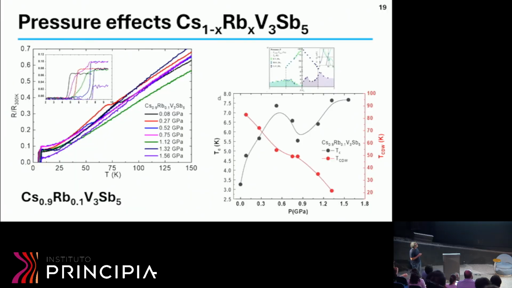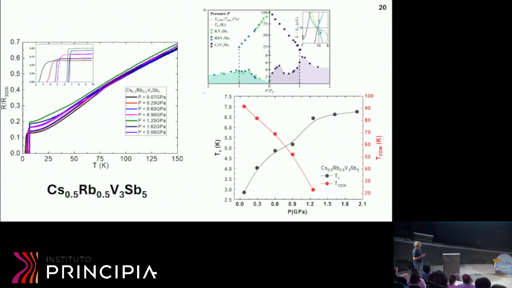We also applied pressure to the 10% doped compound, and what we see is a very similar trend as the pure compound, the pure cesium, so the Tc goes up and down and up again, and the charge density wave is just suppressed. We looked at the 50% too. It also looks quite similar to the potassium and rubidium side.